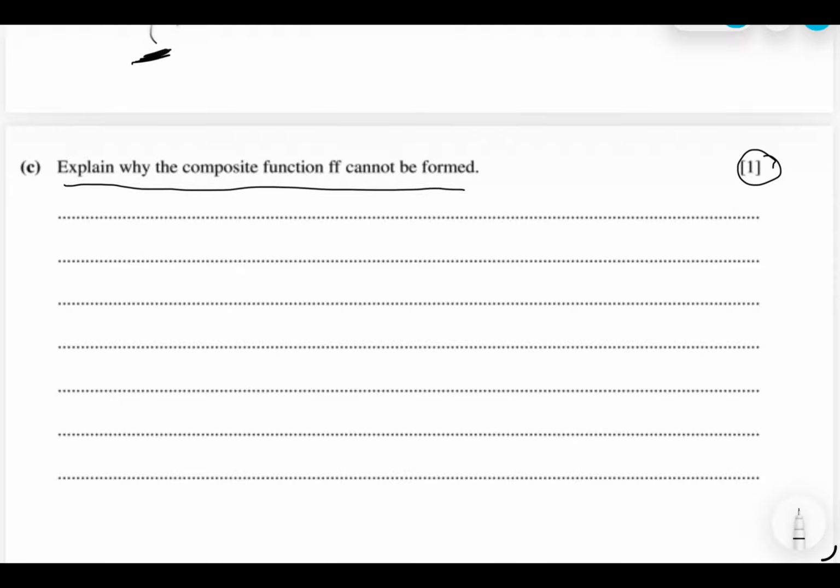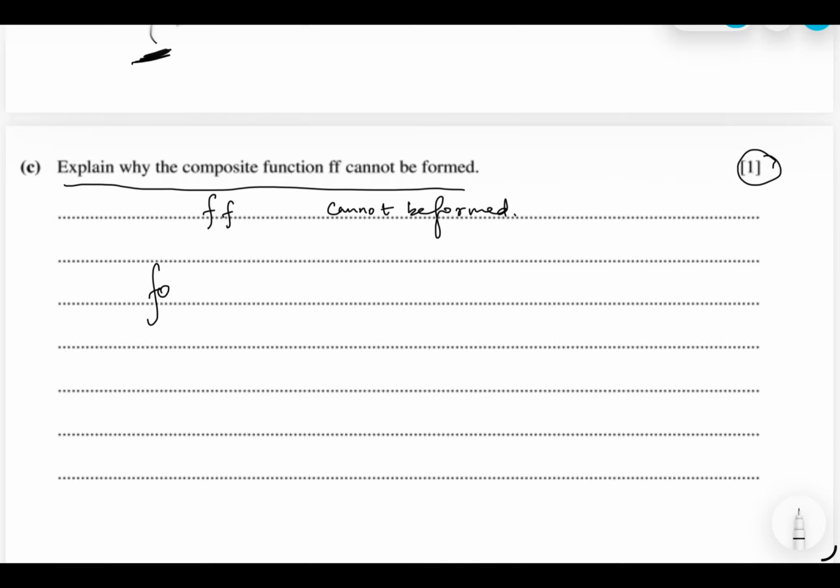Ff cannot be formed. Listen very carefully.